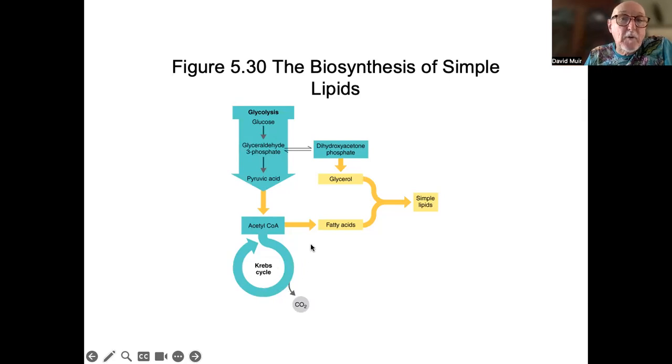And the most important unit here is acetyl coenzyme A, which is used to manufacture fatty acids. And these are put together with glycerol, which is an alcohol sugar, which can be produced from intermediates of glycolysis. And those are joined together to form lipids.